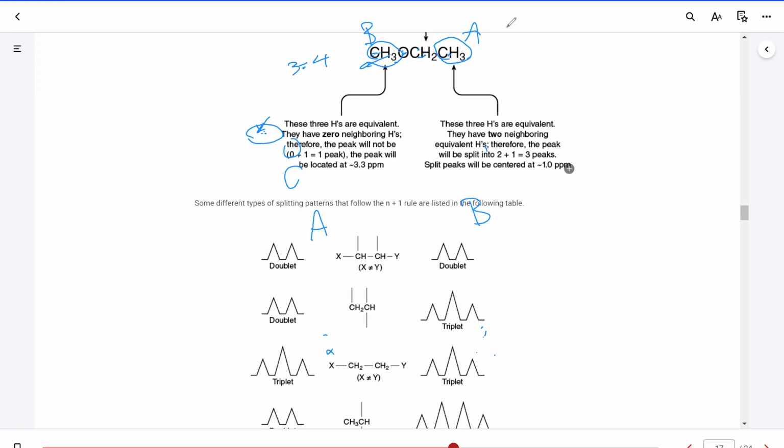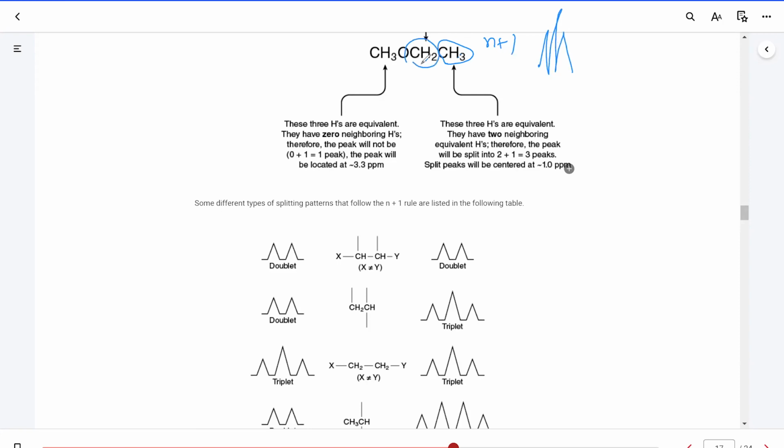The other information that we can use from NMR is the splitting pattern. When it comes to the splitting pattern, the n+1 rule is going to apply. So this hydrogen signal would be between 1 and 2, but it's going to be a triplet because two hydrogens are adjacent to it. So we see a peak like this triplet.